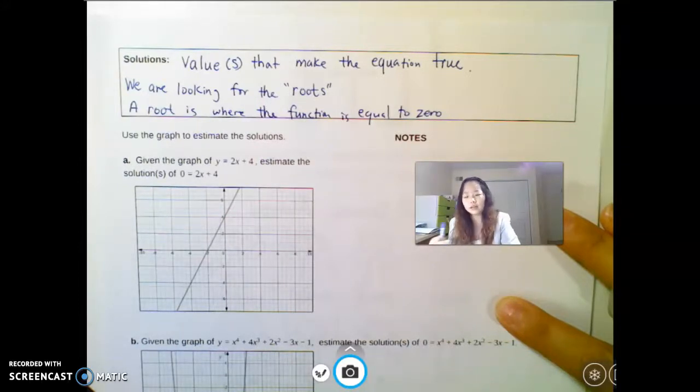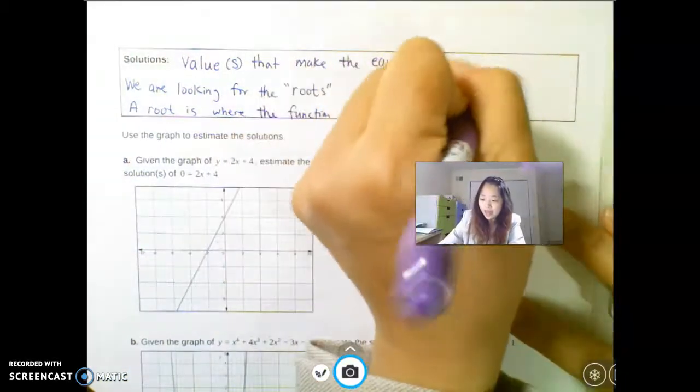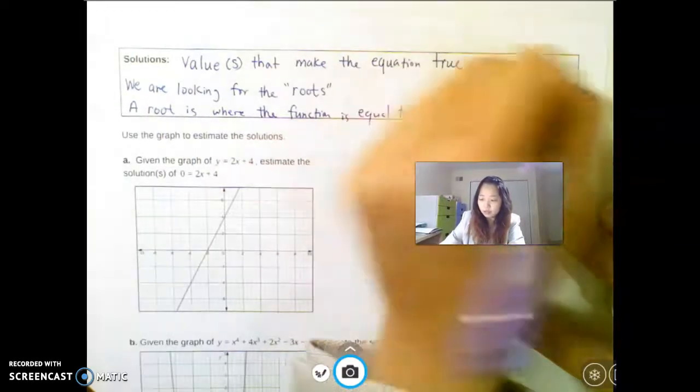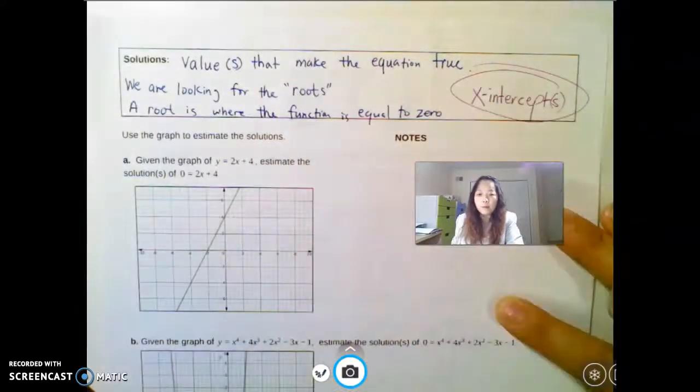So then I said, well, what is a root? It is where the function is equal to 0, right? Okay, I can summarize all this in one word. Ready for this? X-intercept. Well, it's probably more than one, but bottom line, we're just looking for the x-intercepts. That's it. You just have to remember x-intercepts.